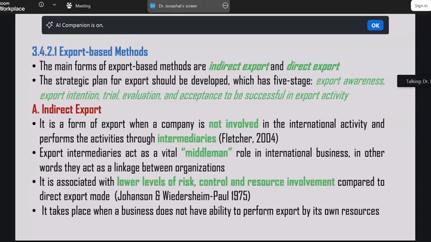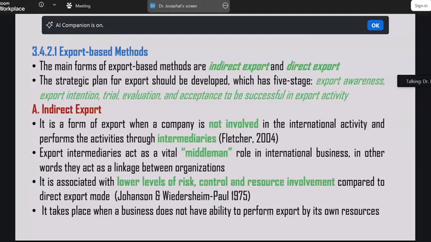So under this export based methods, as I mentioned earlier, there are 2 forms, that's indirect export and direct export. Starting with indirect export, it is the form of export where a company is not involved in international activities and they perform the activities through intermediaries.